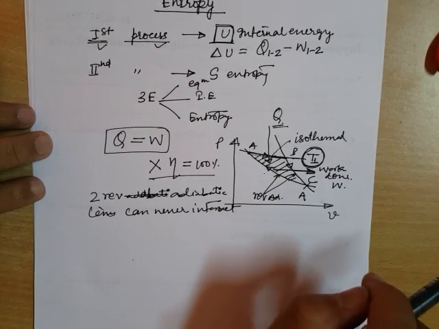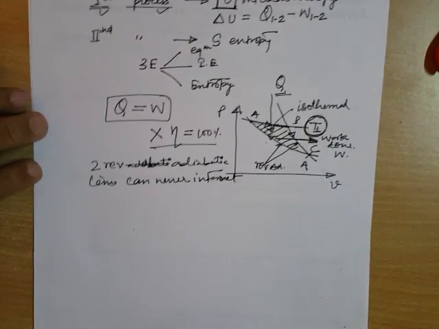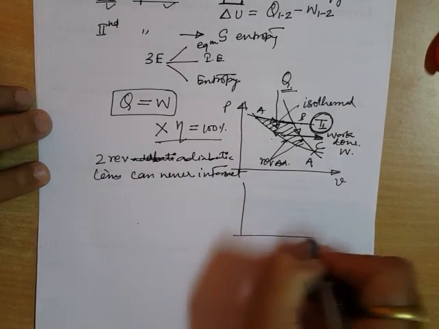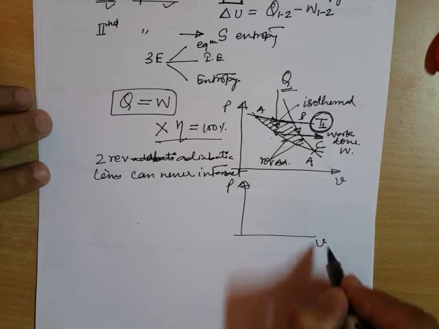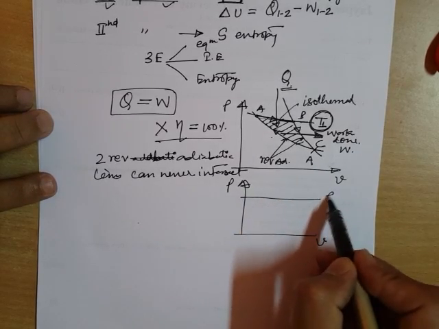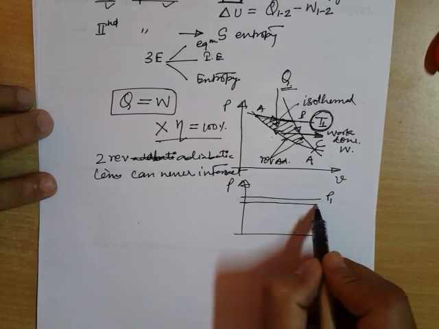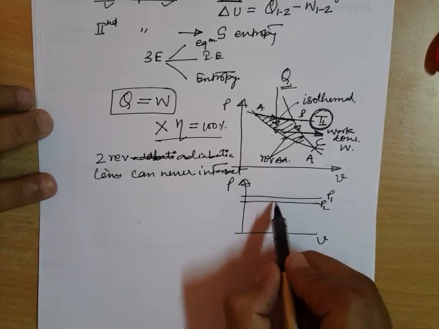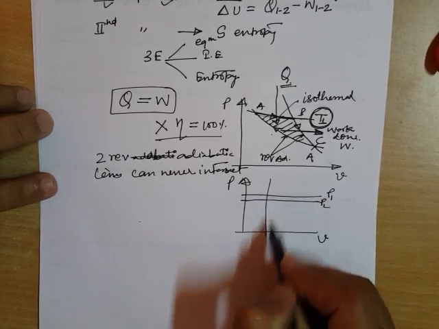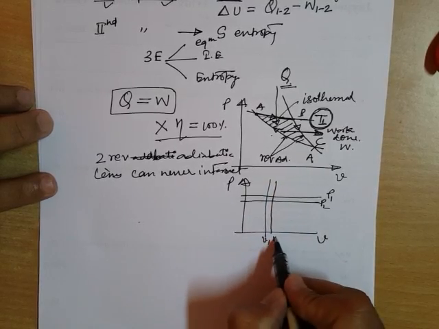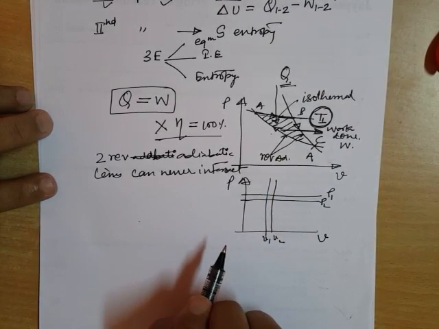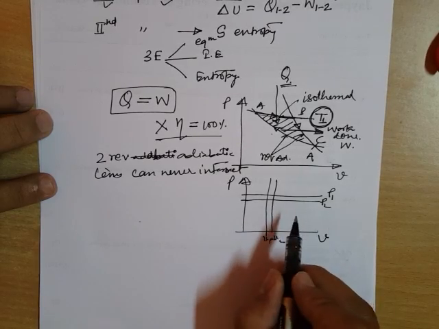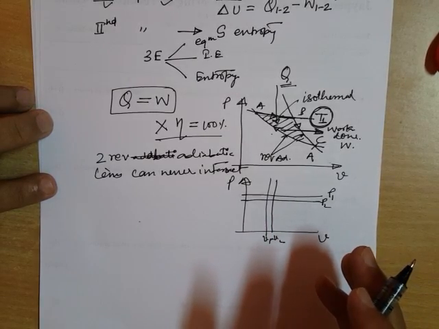And we know that two constant property lines can never intersect. For example, consider the PV plane, and consider a constant pressure process P1, and a lower constant pressure process P2. They will never ever intersect; they will always be parallel to one another. Likewise, two constant volume lines, V1 and V2, will always be parallel. And if the volume becomes the same, they will overlap but never intersect.